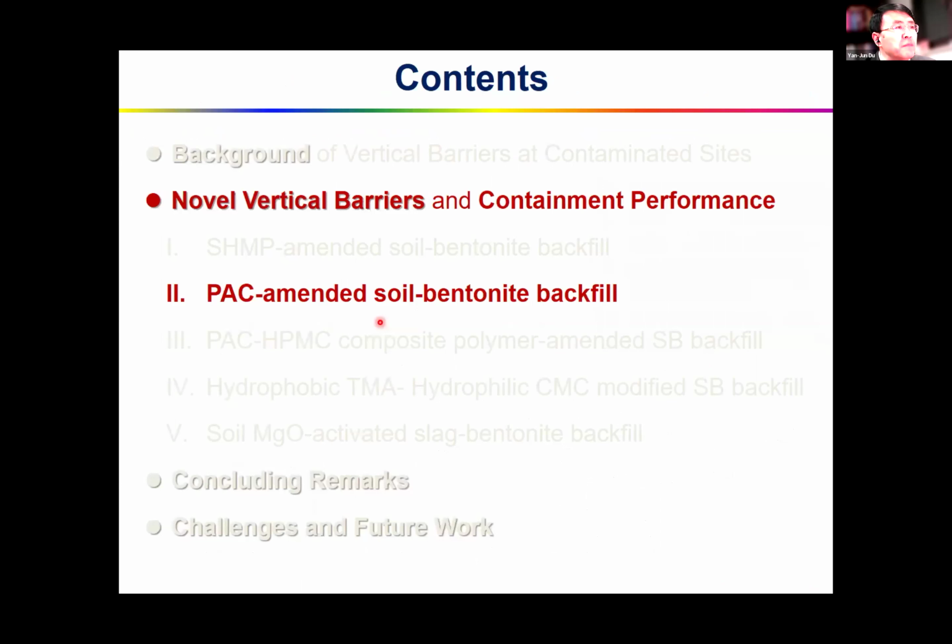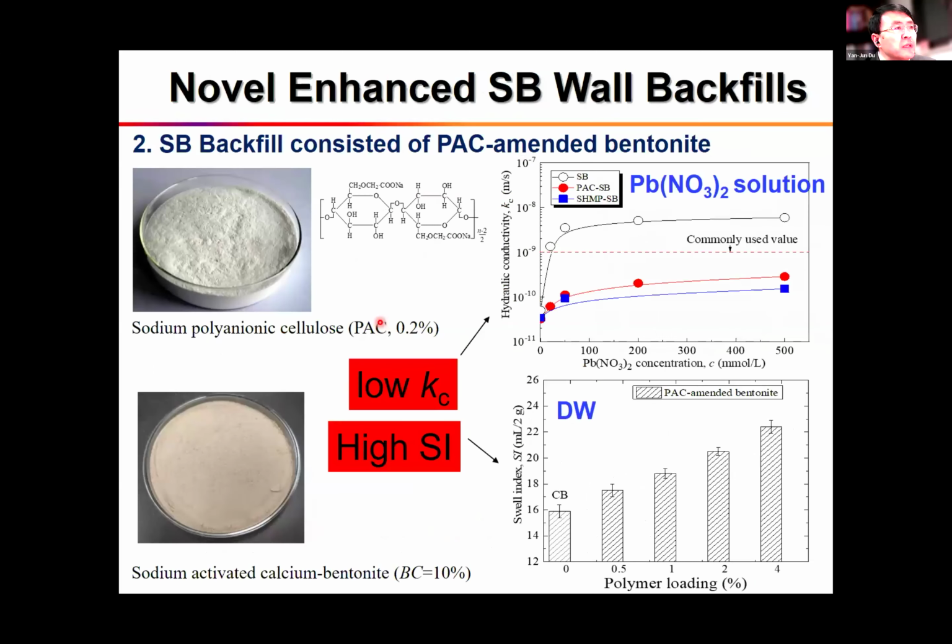polymer backfill. We use sodium polyanionic cellulose, called PAC, to amend the bentonite, and we make up the SB backfill using the PAC-amended bentonite and the sand.